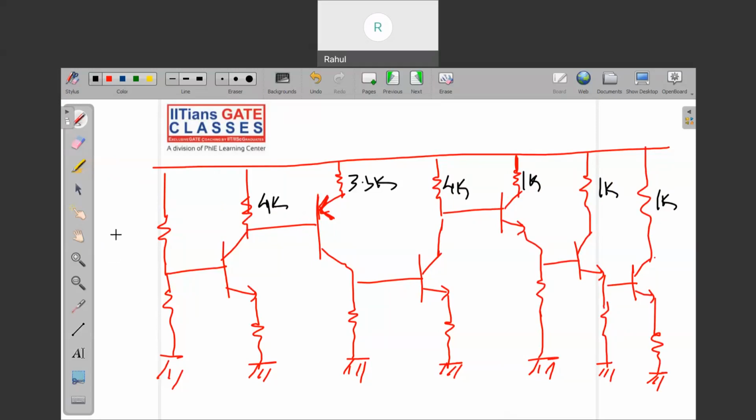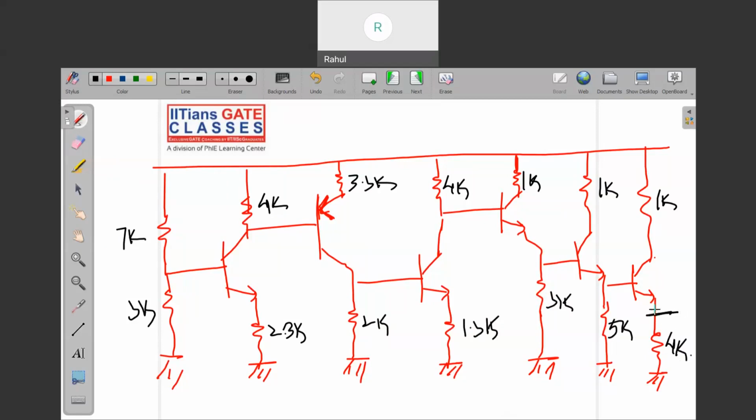This is 7k, and this is 3k. The other resistances given: this is 2.3k, 2k, 1.3k here, this guy is 3k, this is 5k, and this is 4k.